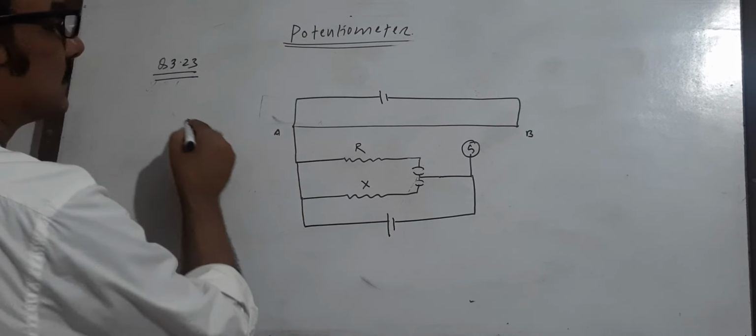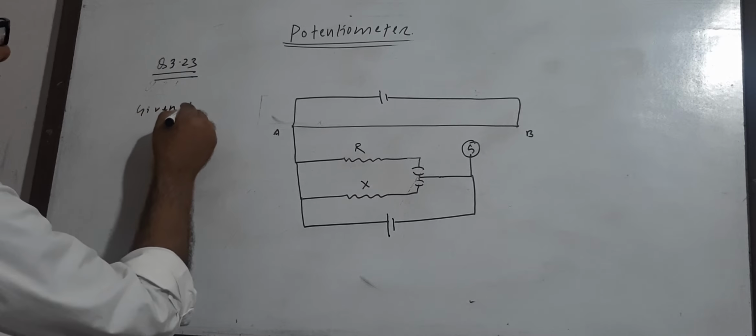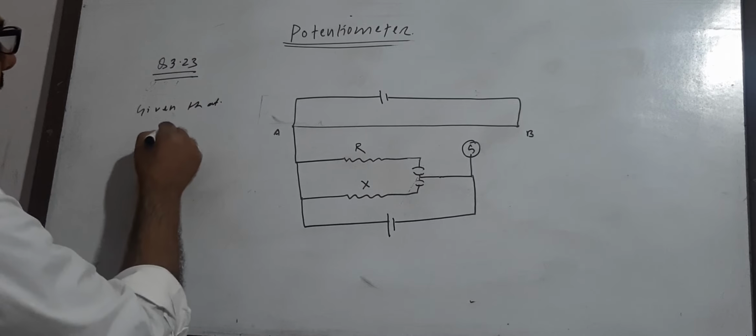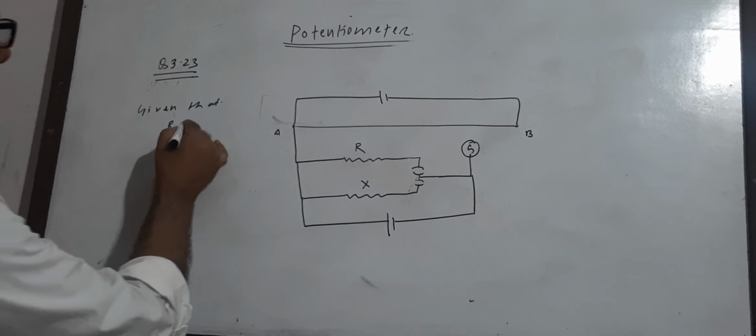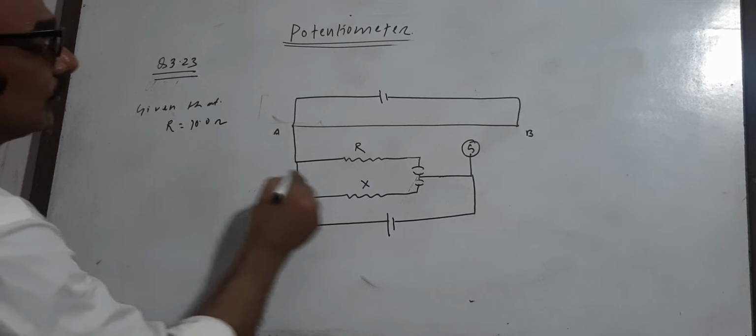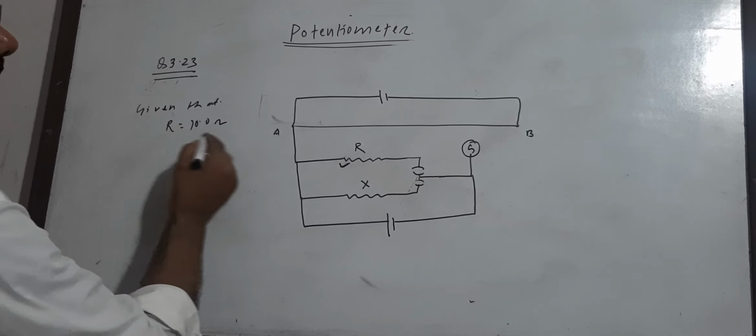So according to the question, given that the value of R equal to 10.0 ohm, it is found to be balance point 58.3 centimeter.